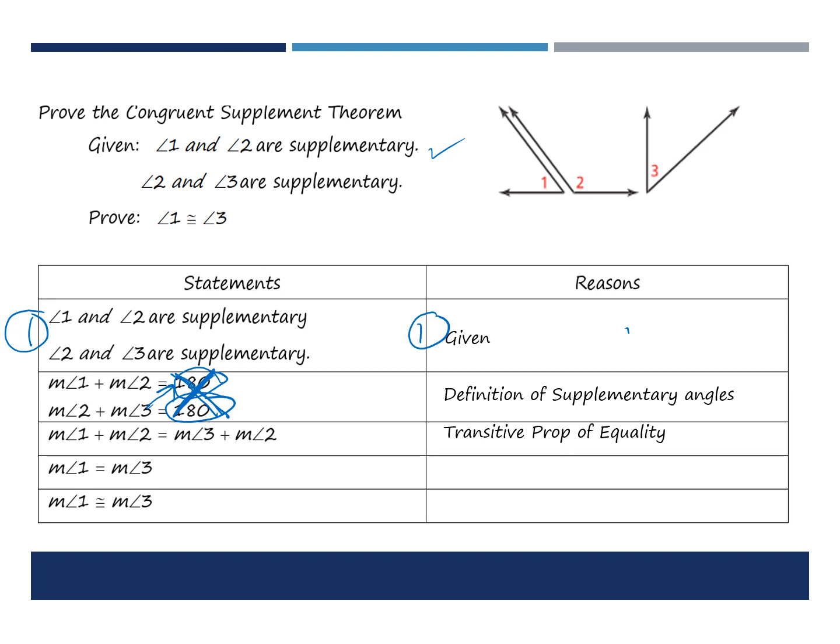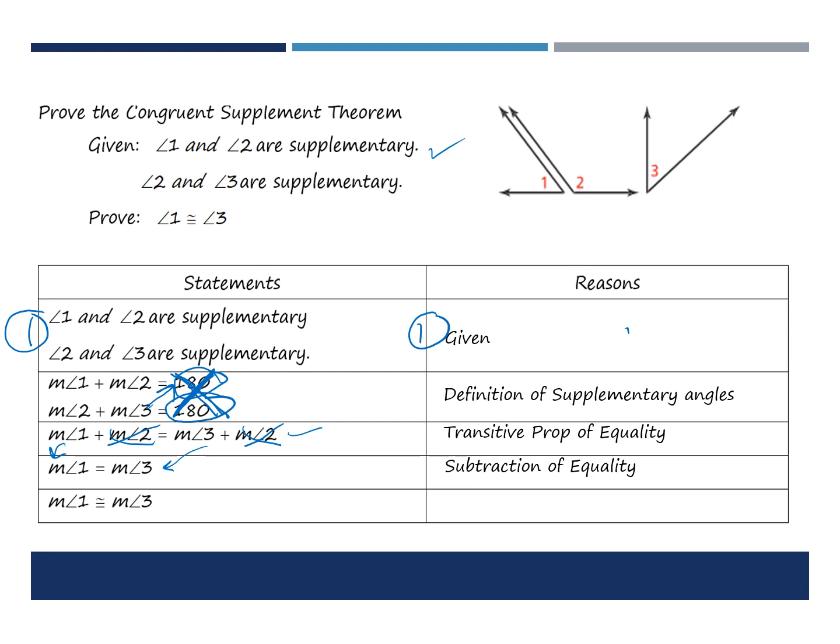Same idea here. Now notice from the step here to the next step, I've got the measure of angle 1 there, I've got the measure of angle 3 here, but I've gotten rid of the measure of angle 2. Now I didn't get rid of it. What I did was I subtracted it from both sides. It's the same quantity, so I'm subtracting it from both sides. So that is the subtraction property of equality.